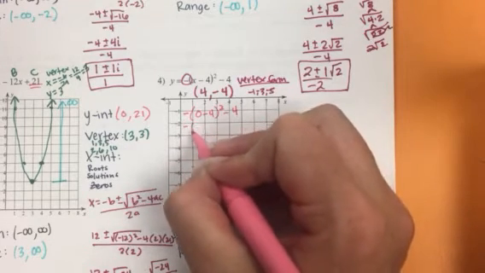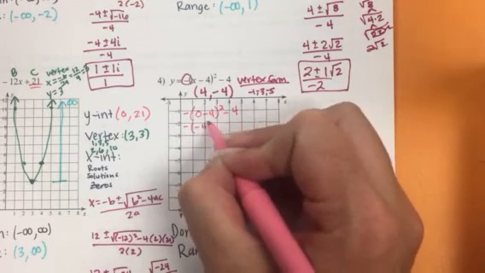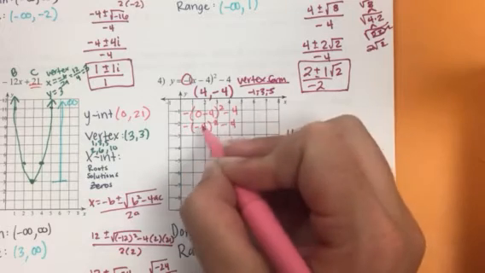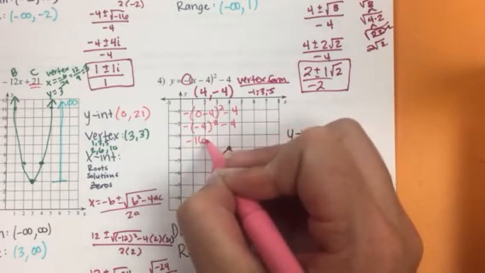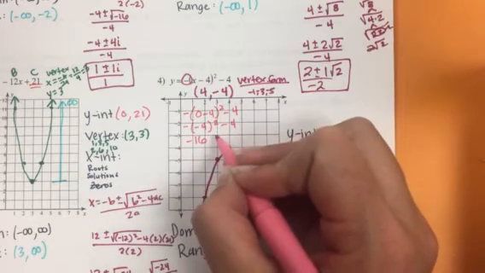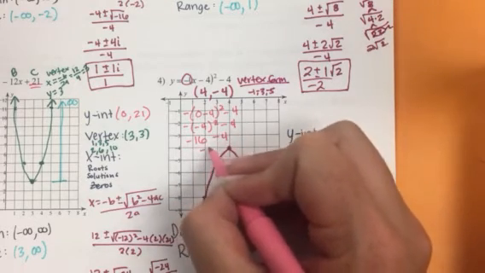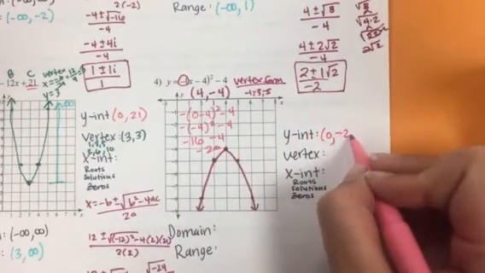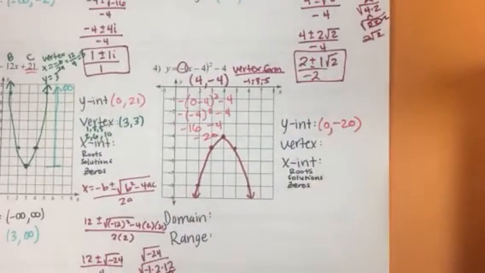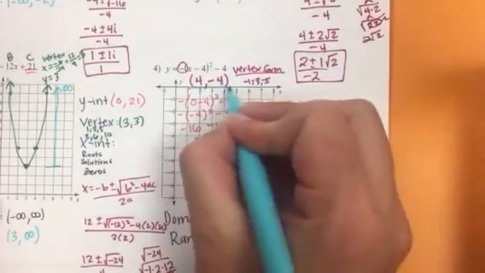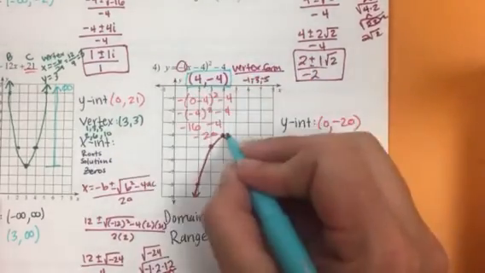So we get negative 4 squared. 4 squared becomes a 16. And then minus 4, 16, and 4 make negative 20. For my y-intercept, my vertex, we already took out 4, negative 4.